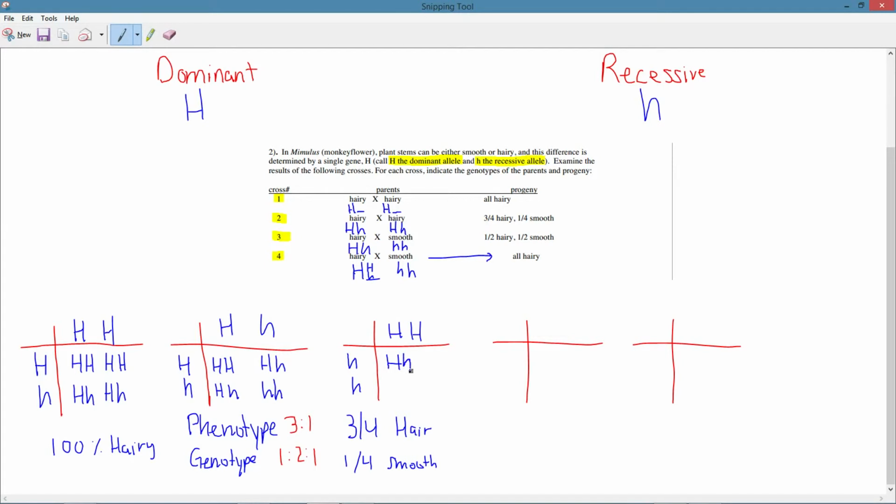You get uppercase H, this is dominant, uppercase H, lowercase h, dominant, uppercase H, lowercase h, giving you a ratio of 1. But if we make one of the h's recessive, that would mean that it would be 1/2 dominant and 1/2 recessive.